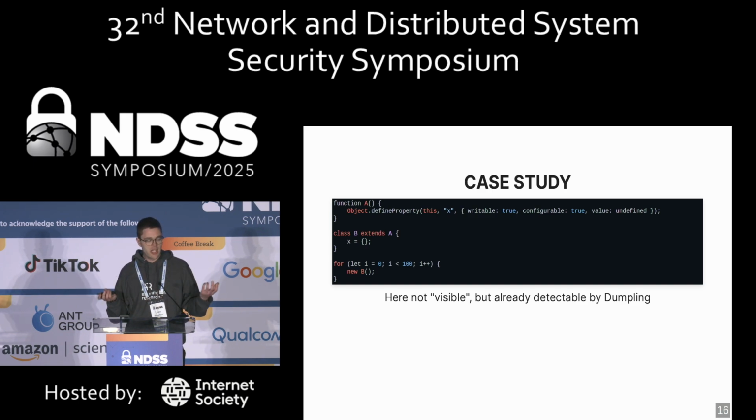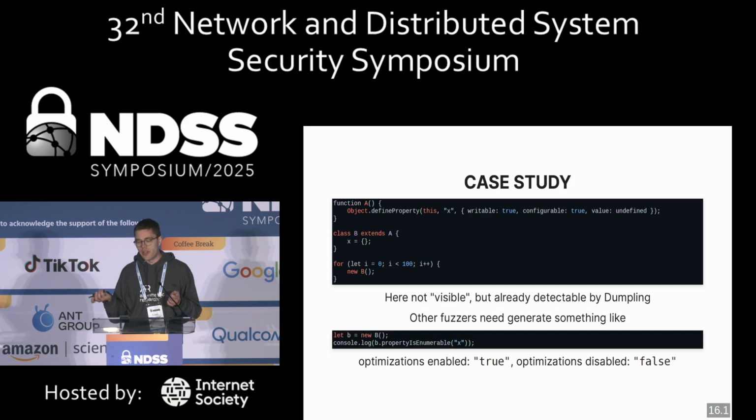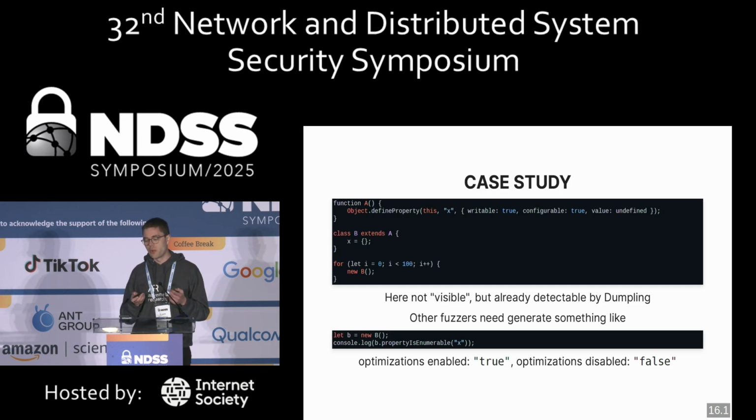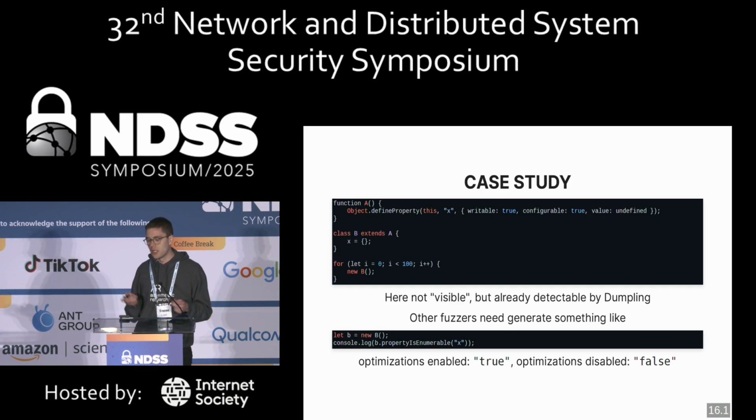But there is nothing visible to the user of this program at this point, right? And certainly not to other fuzzers, which the state of the art basically relies on some version of adding a console log. So you would need to query this broken state and to observe that with optimizations enabled, this is true, and with optimizations disabled, this is false.